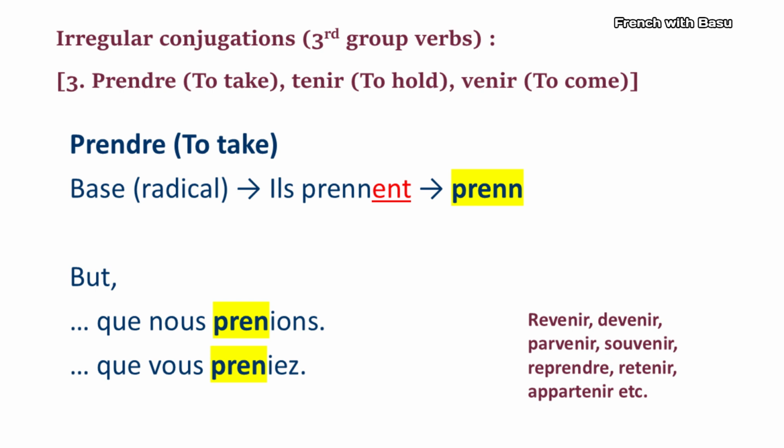The radical for this verb is formed by dropping the ent from the third person plural of present tense. You get prenn, which you can use for all the subjects je, tu, il, elle, and again il, elle plural. But with nous and vous, the radical will spell like pren, not double n. Que nous prenions, que vous preniez.